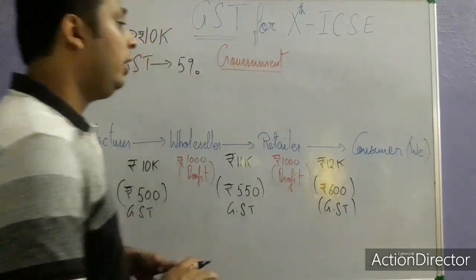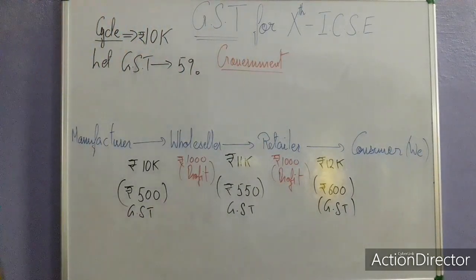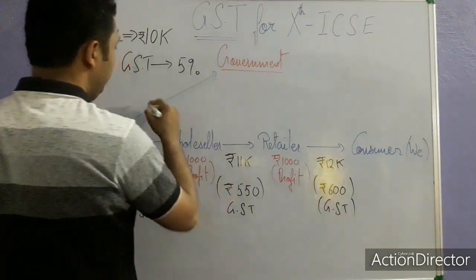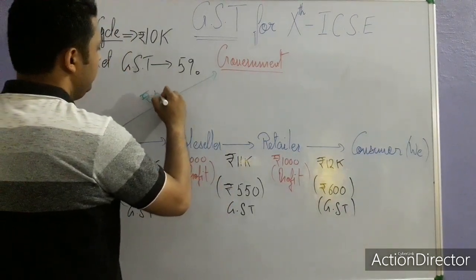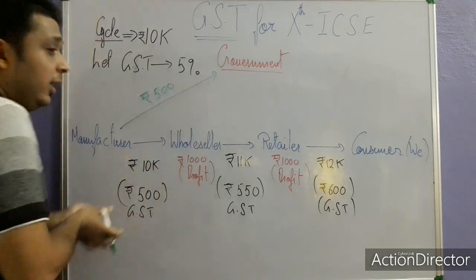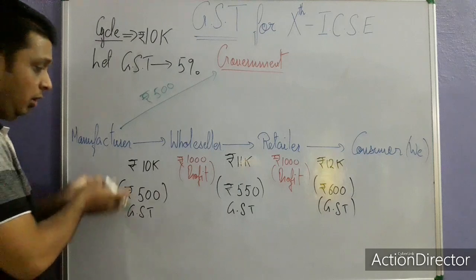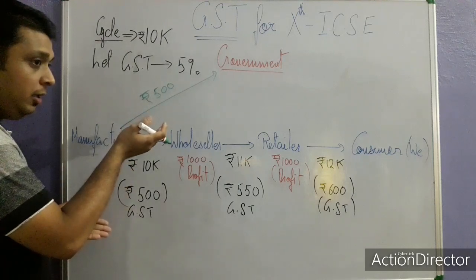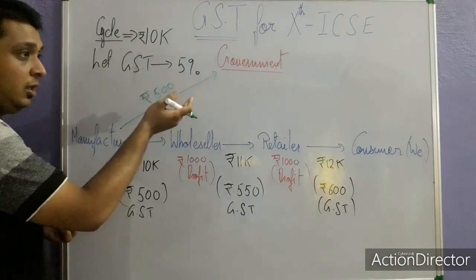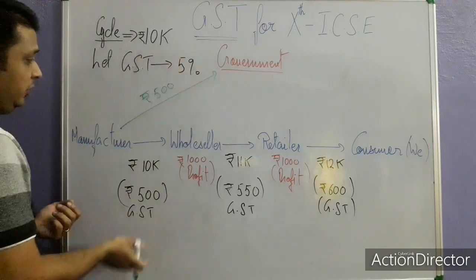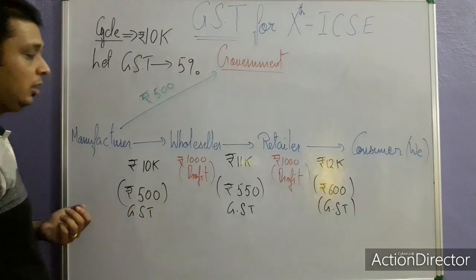Clear? And we already know that when the manufacturer is paying GST, it was rupees 500, isn't it? Because from where was he getting the GST? He was getting the GST from the wholesaler only. Clear? So now he is doing the business under the government, so he has to pay some money to the government as a tax, isn't it? So by applying 5% of GST, he has to pay 500 to the government.